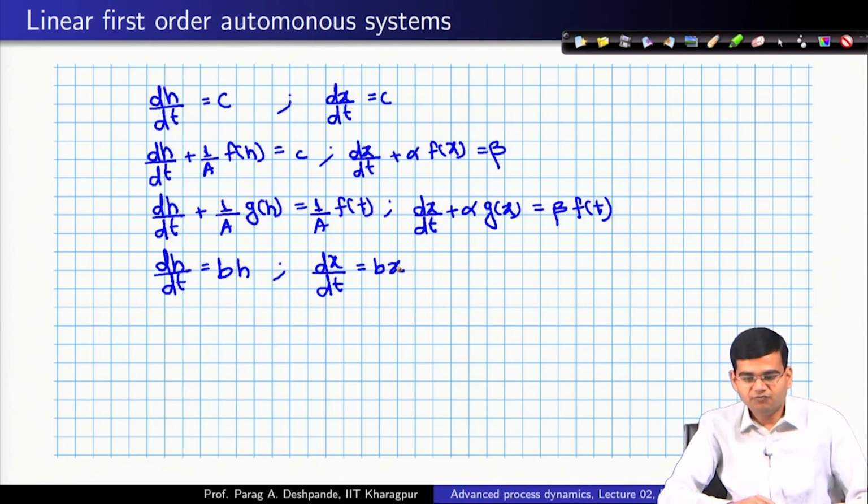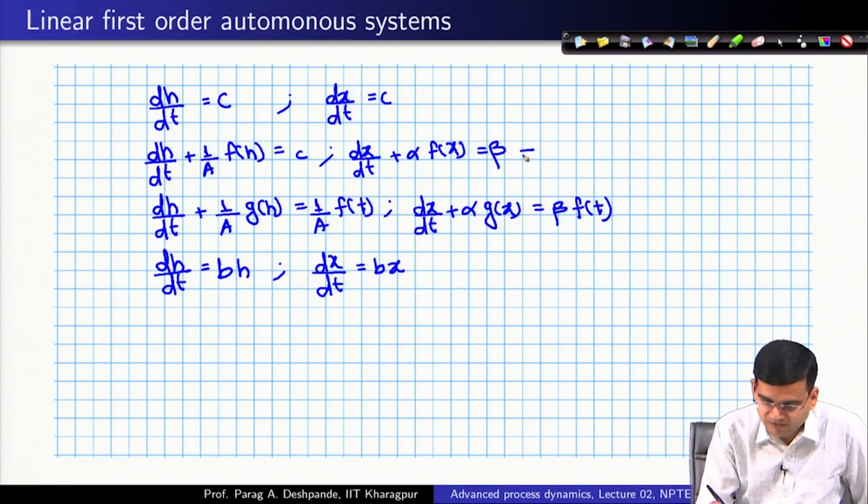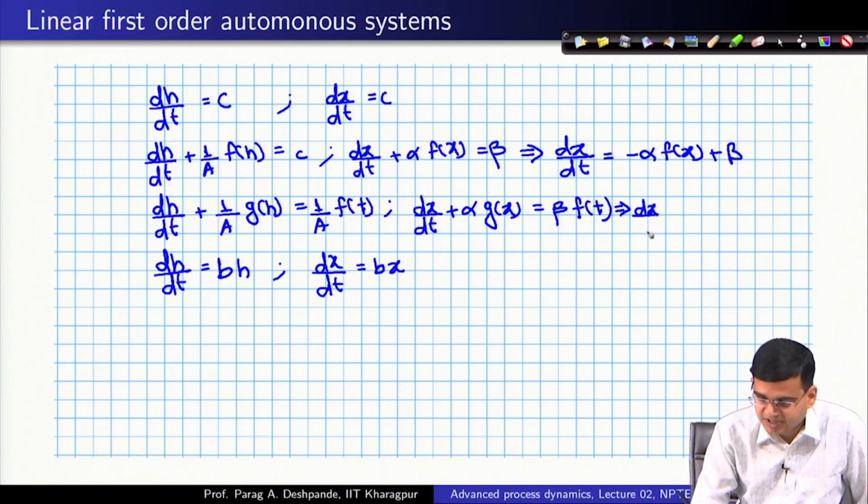So, what do I see here? In fact, I can do further rearrangement where I can see dx by dt is equal to minus of alpha f of x plus beta, and this can be rearranged as dx by dt is equal to minus of alpha g of x plus beta f of t.